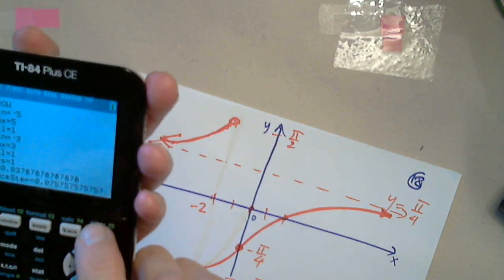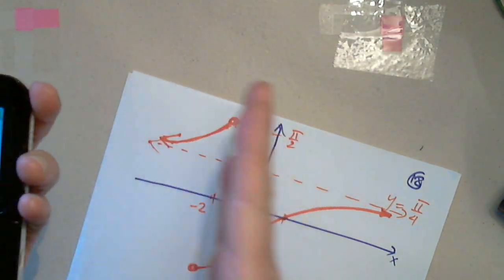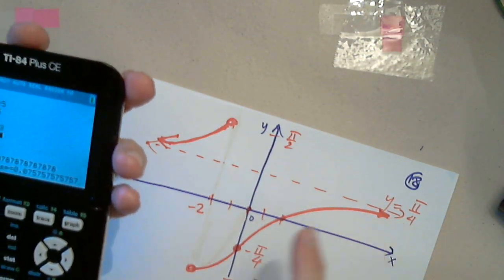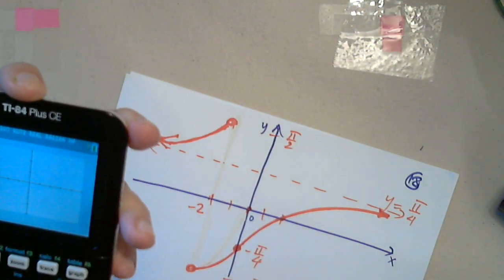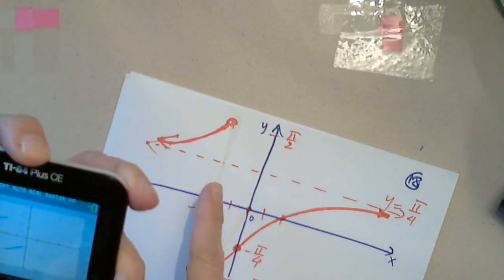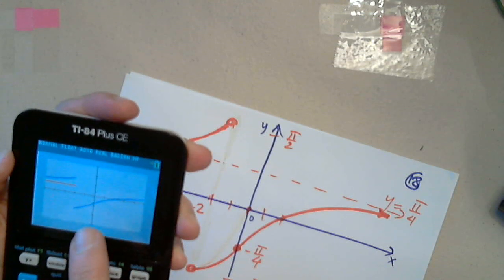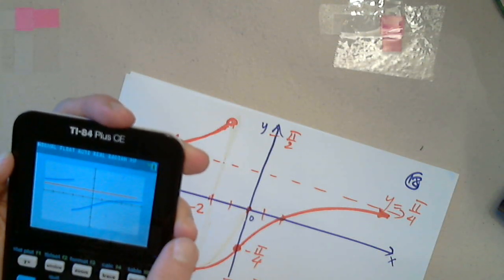And now I graph. So -5, 5, -3, 3. And I also put y equals pi over 4, and now graph. Here comes this piece. Here comes that piece. It has the inflection point, and here's the horizontal asymptote.